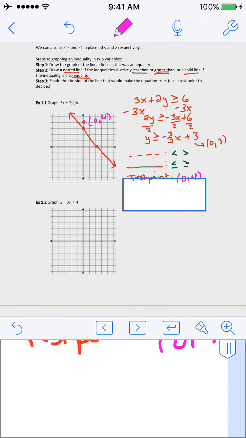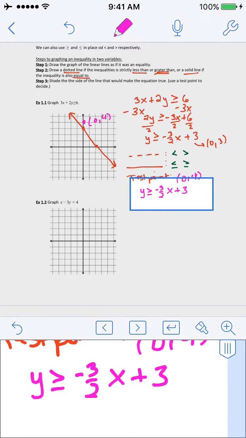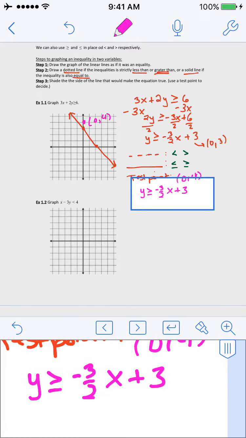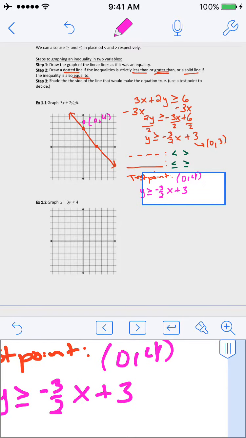Now if I plug this test point into y is greater than negative 3 halves x plus 3, and I got something that made sense, then that is definitely the side I want to shade. The shaded side is supposed to represent all your true values.